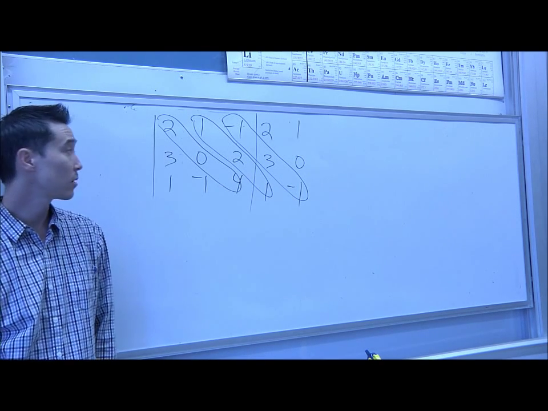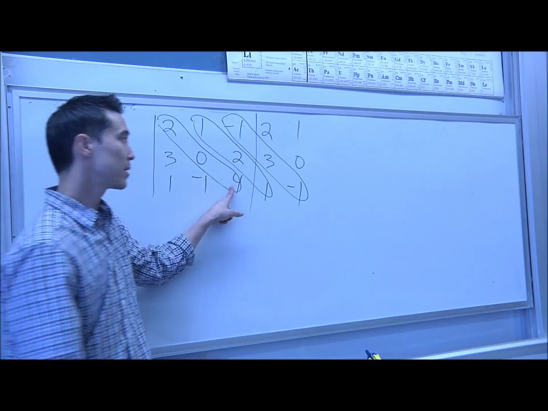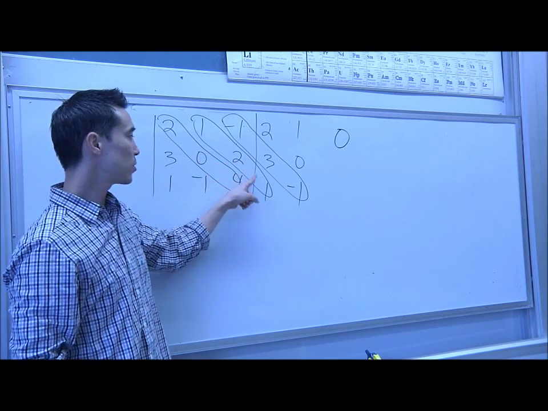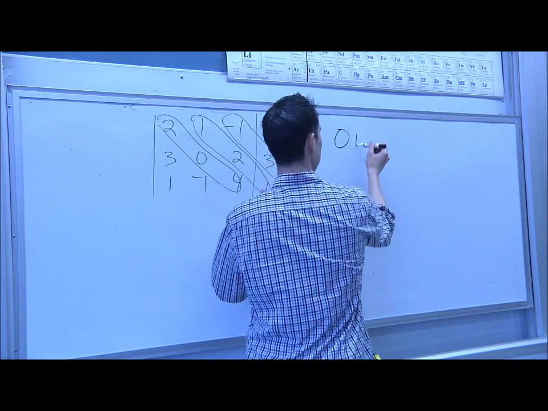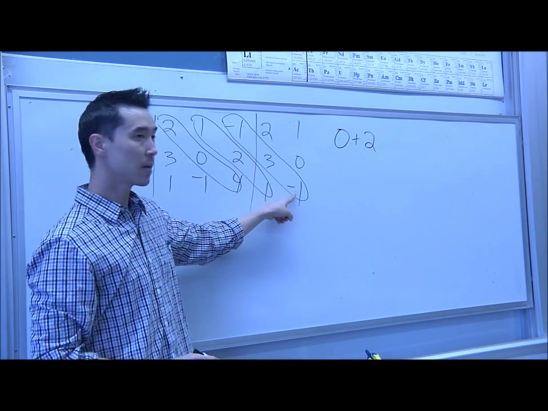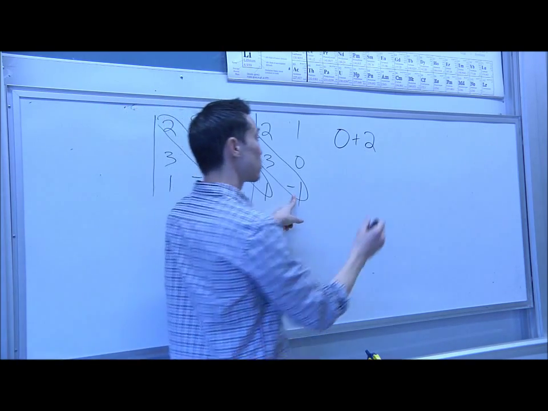Okay? So here's how it looks. 2 times 0 times 4 is 0. 1 times 2 times 1 is 2. So add that, 0 plus 2. Negative 1 times 3 times negative 1 is positive 3. So I'm adding 3.